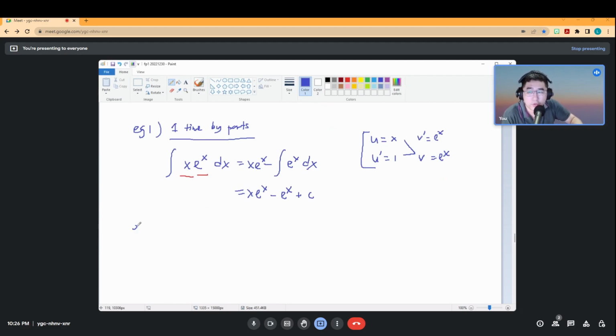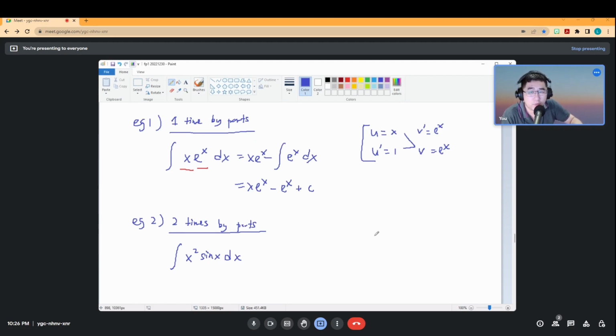Another question. Let's say two times by parts. Let's say I have a question for x squared sine x. According to the order on how to choose u, u will go for x squared, v prime will go to sine x.